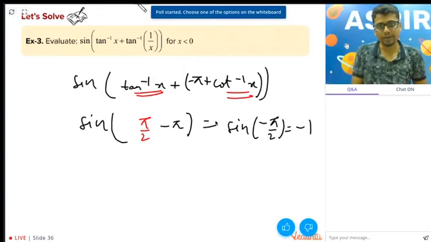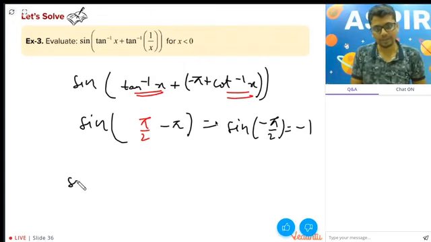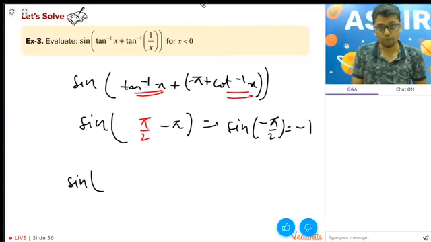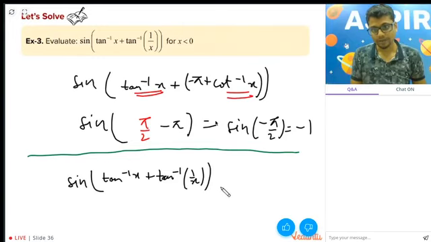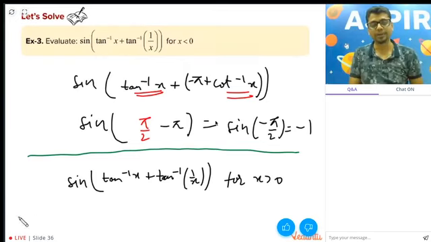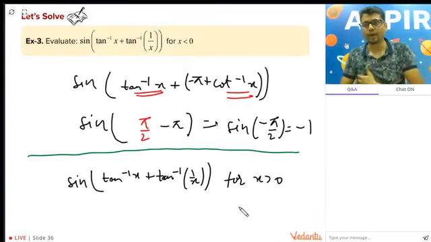And of course, let me ask you something else also so that it is crystal clear. All right. What about sine of tan inverse x plus tan inverse 1 by x for x greater than 0? So thanks for participation in the poll. The answer is 1. Yes, excellent.